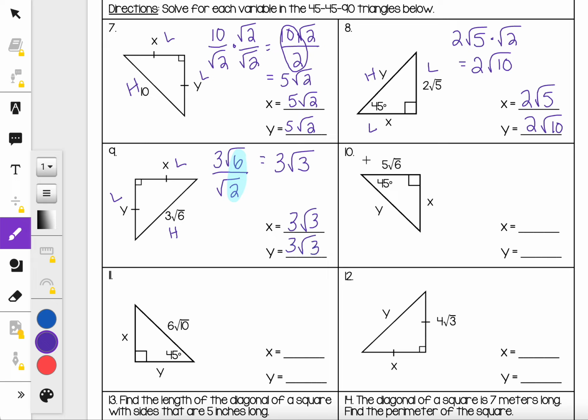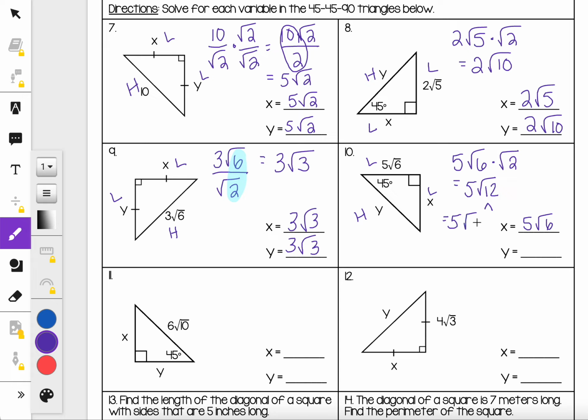All right, number 10, I'm given a leg. I want to find my hypotenuse. So 5 root 6 times the square root of 2. We're going to get 5 times the square root of 12. Now, this square root of 12 can be simplified.